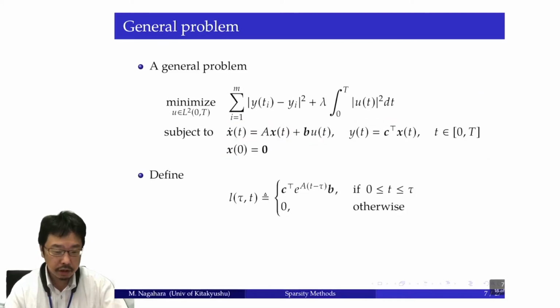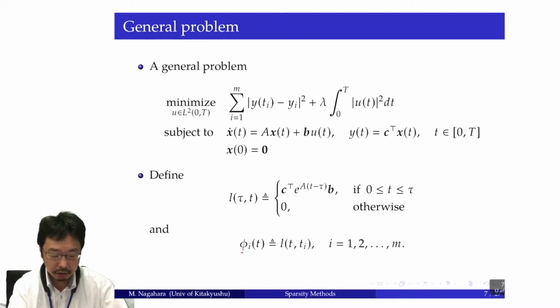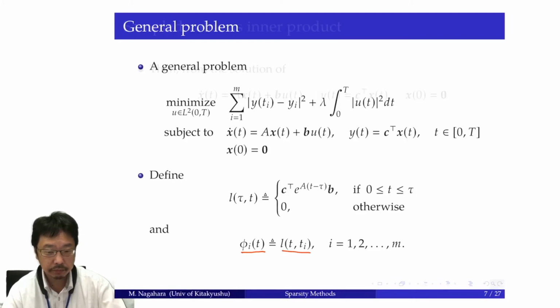First, we define a two-variable function L(t, tau) defined by this, where this is the impulse response of the state space equation. Also, we define phi i of t equal to L(t, ti) from the data.